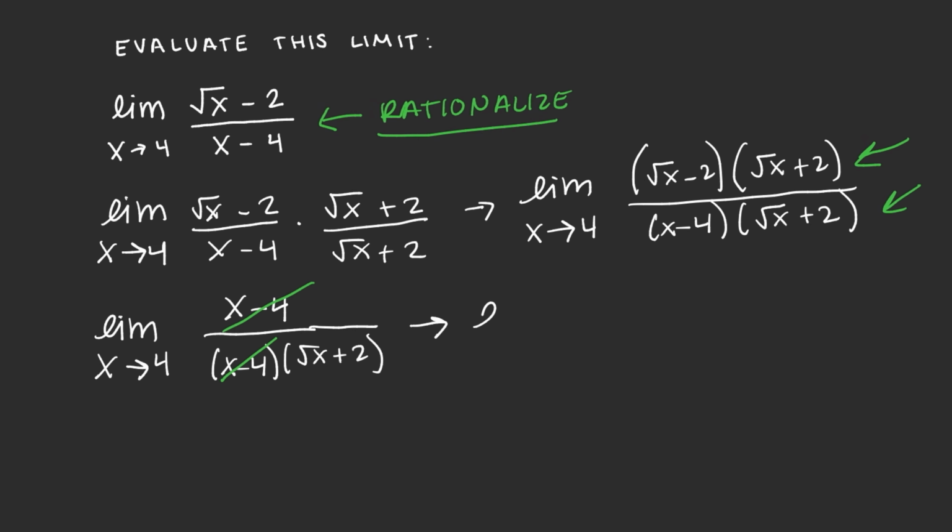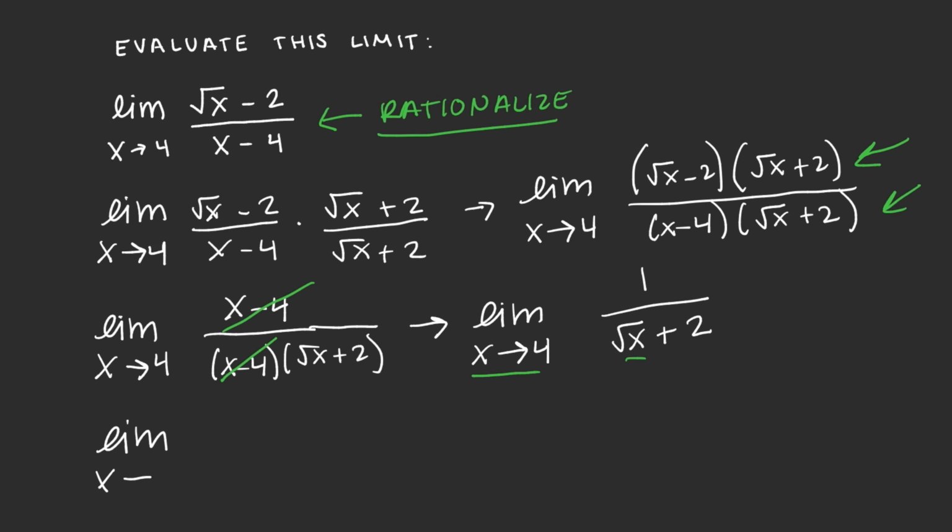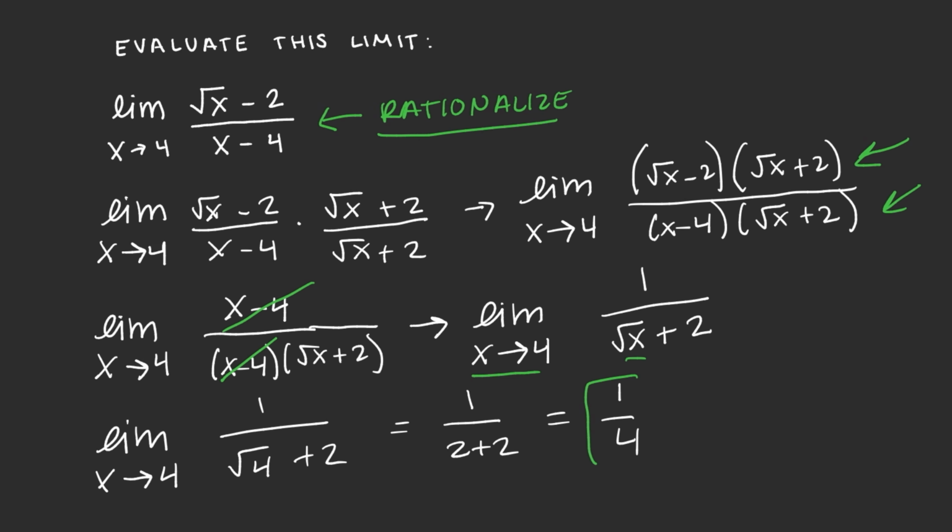So what we'll be left with is the limit as x approaches 4, 1 over the square root of x plus 2. So then our next step is to plug in a 4 anywhere we have an x. So we'll be left with the limit as x approaches 4, 1 over the square root of 4 plus 2, which would be 1 over 2 plus 2, which would be 1/4. And that will be our final answer for this question.